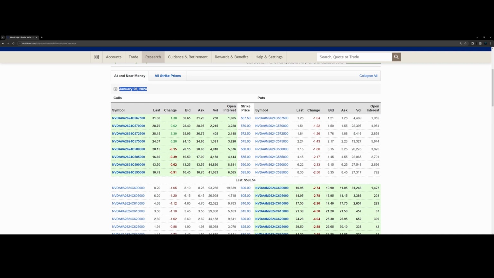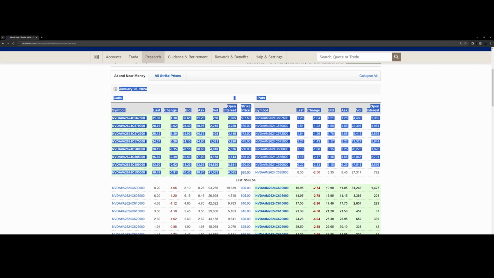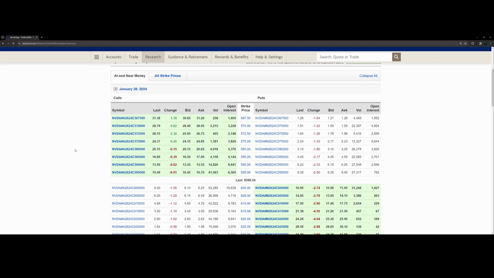The options that are in the money, meaning if the price of the stock, NVIDIA stock today, is 596.54, these are considered in the money and are highlighted as green, meaning strike price below the current price of NVIDIA stock.